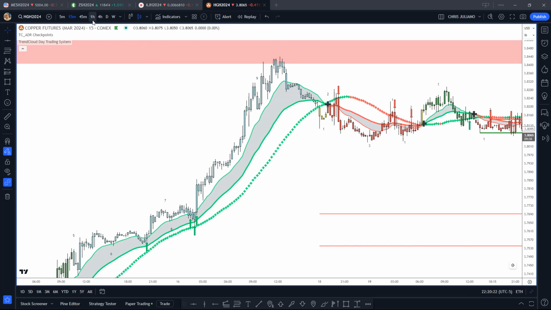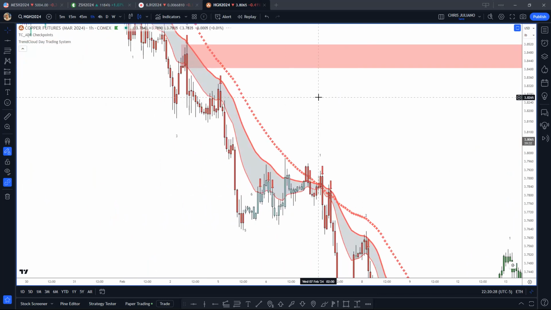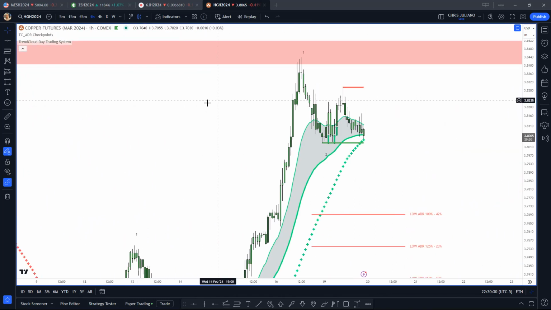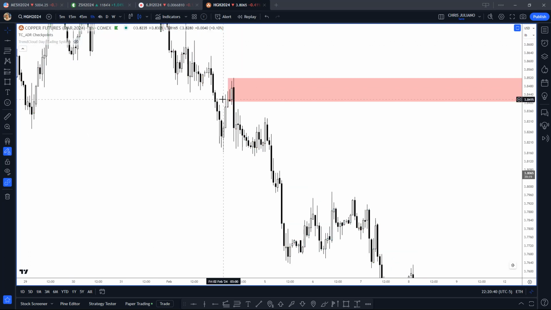Let's go out to a higher time frame, like a 1 hour chart here, and look left. Let's take a look and make an assessment of what price did here. If you look, it really didn't go very far, did it?